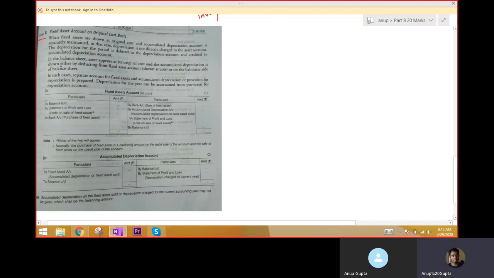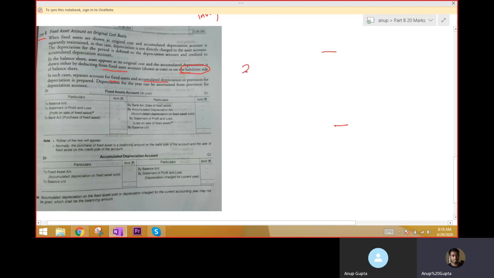Now, in the balance sheet, the asset appears at the original cost and accumulated depreciation is shown either by deducting from the fixed asset or shown on the liability side. So either it will be shown on the liability side, or on the asset side you deduct it from the asset account in notes to accounts. In such cases, separate accounts are prepared for the fixed asset and accumulated depreciation.